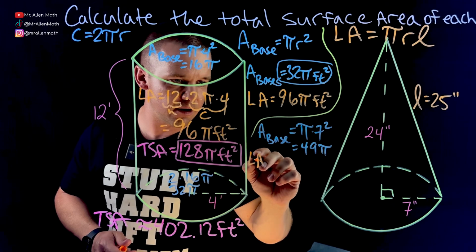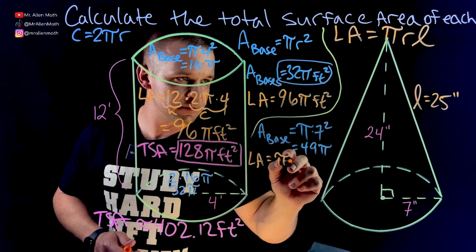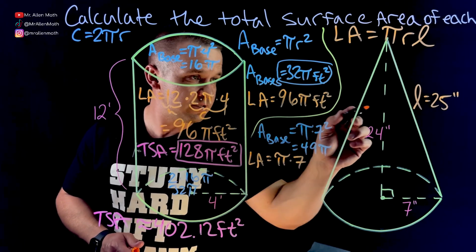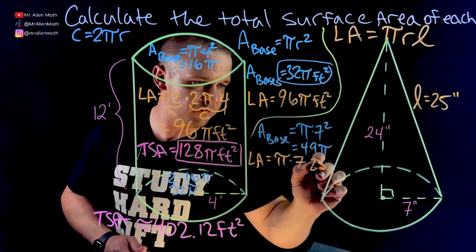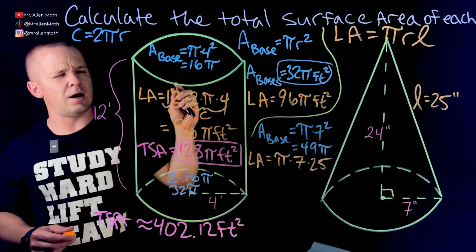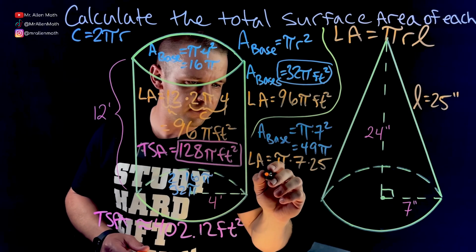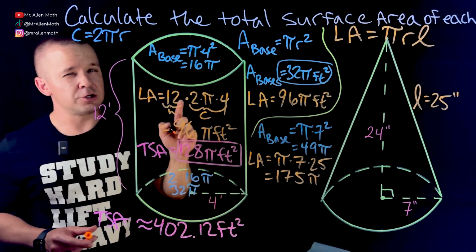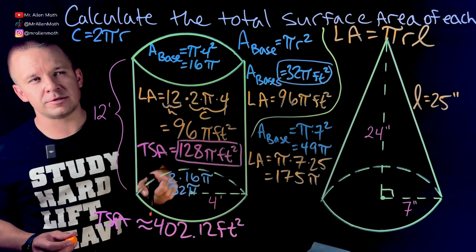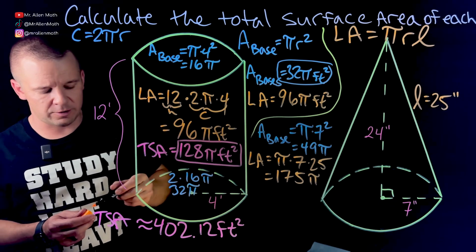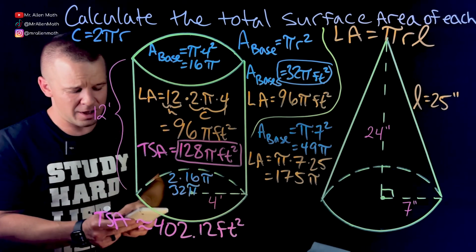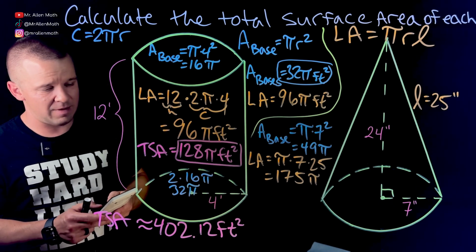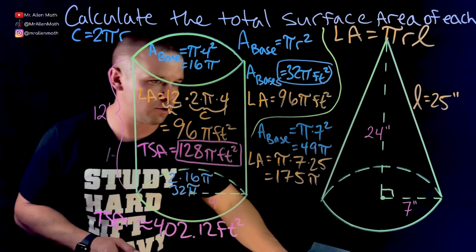So lateral area is going to be pi times my radius of 7 times the slant height of 25. What is that, 175 pi? I was thinking 25 times 8 is 200, subtract off 25. Let's just double check, right? I don't want to have a video on the internet and then make a mistake. It is 175. All right, cool.